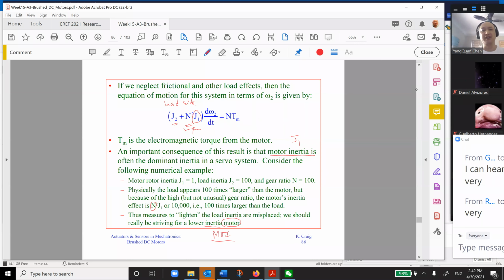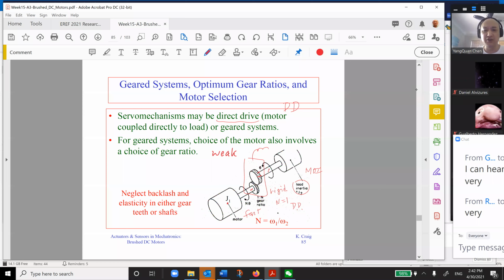The gear ratio is basically to reflect. This is your magnetic torque. This is acceleration. This is a moment of inertia. The J2 is the load. This is the load. This is the motor.